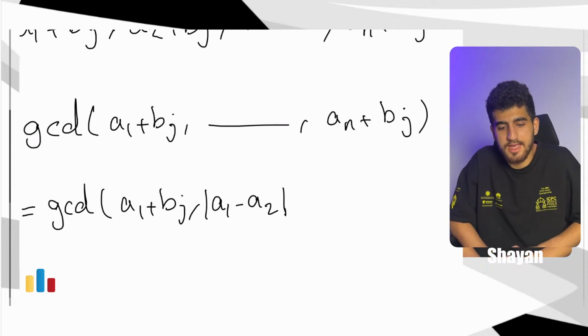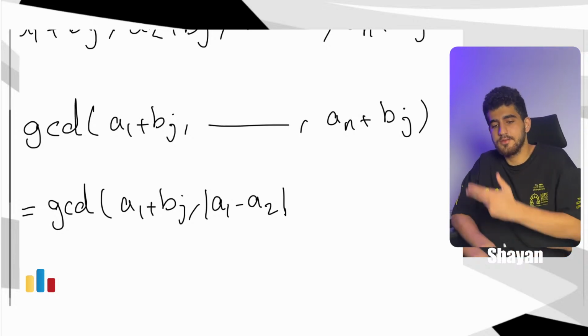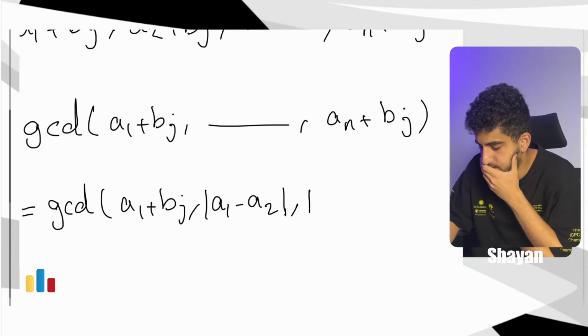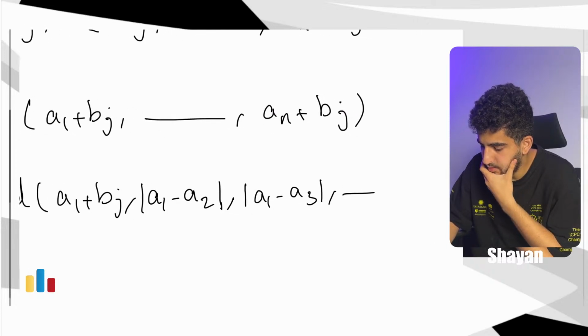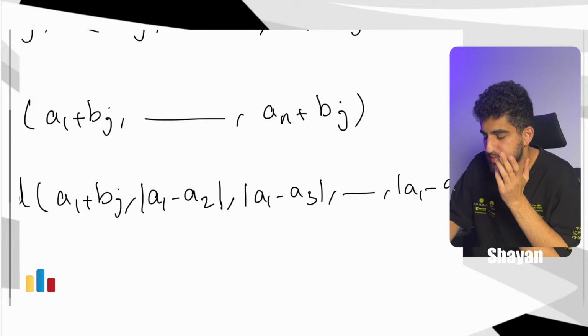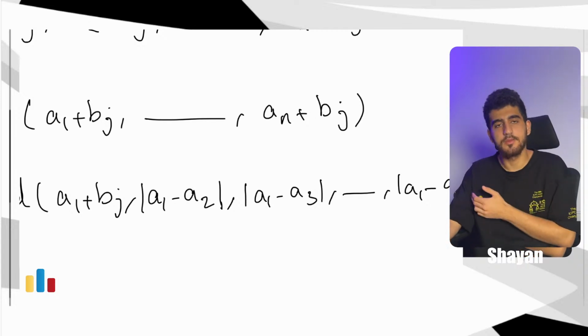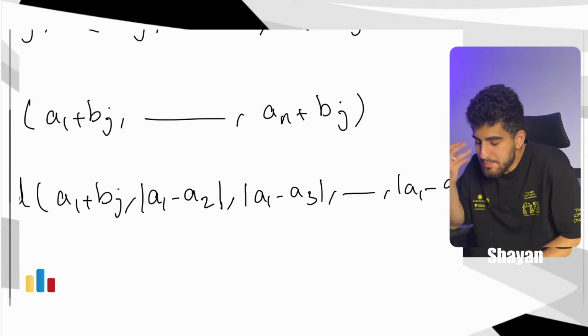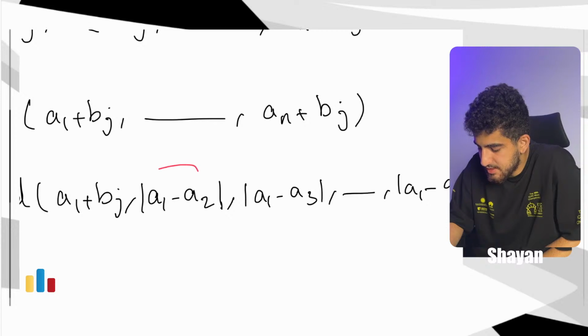Okay. a1 minus a2, a1 minus a3, and a1 minus an. You can also assume that a1 is the maximum number, so that all these numbers are positive. So the point is that these differences will not change.